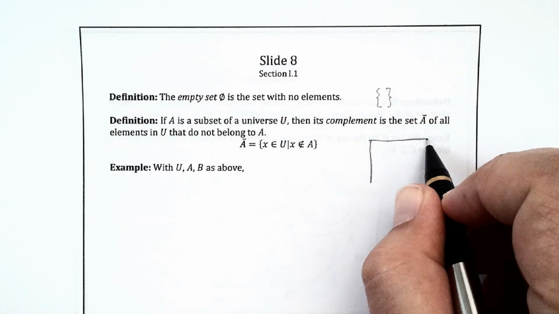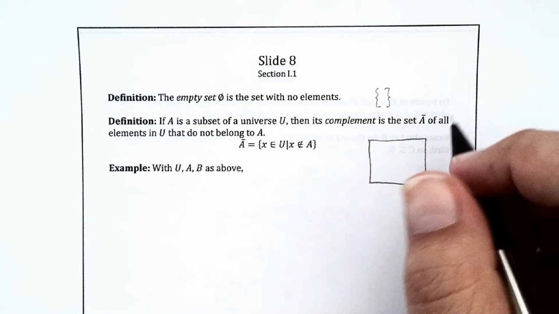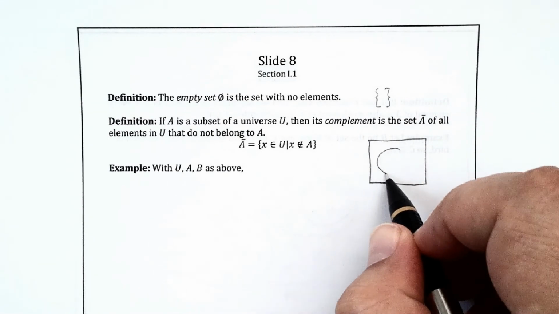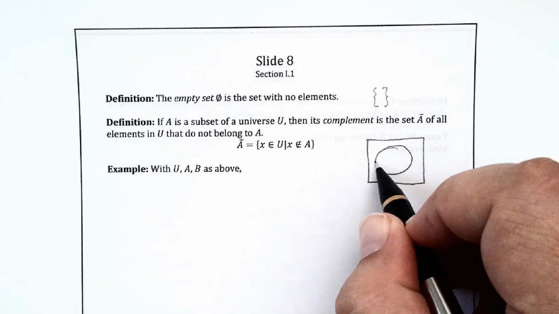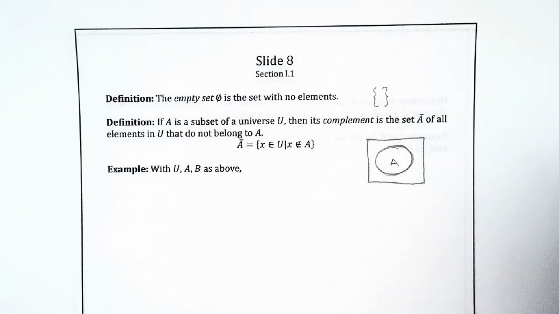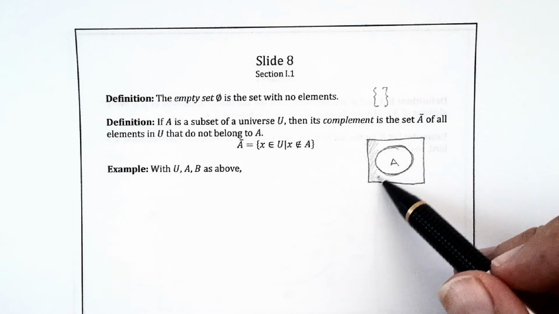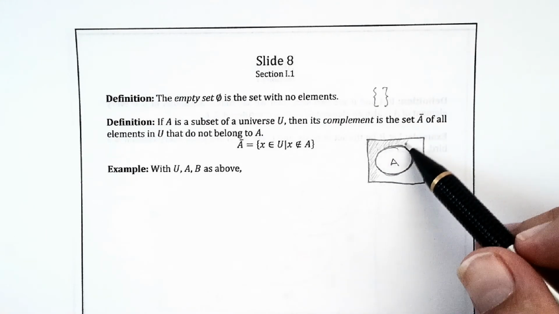So, here's our universe U. Here's our set A. The complement is everything outside of it, everything that's in that universe that is not in A.